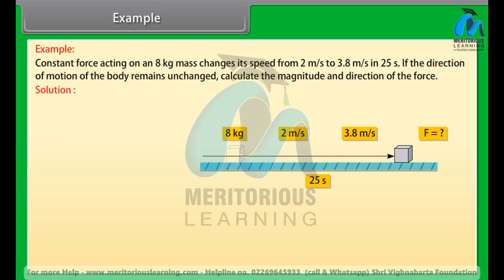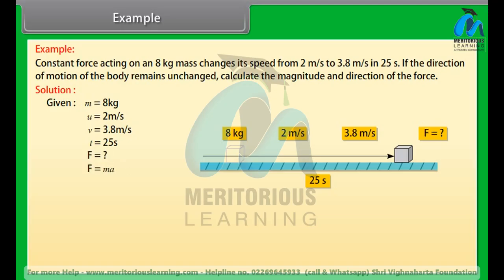Let's see the solution. Let's take an example of Newton's second law of motion. Given values are: m is equal to 8 kg, u is equal to 2 meter per second, v is equal to 3.8 meter per second, t is equal to 25 seconds.